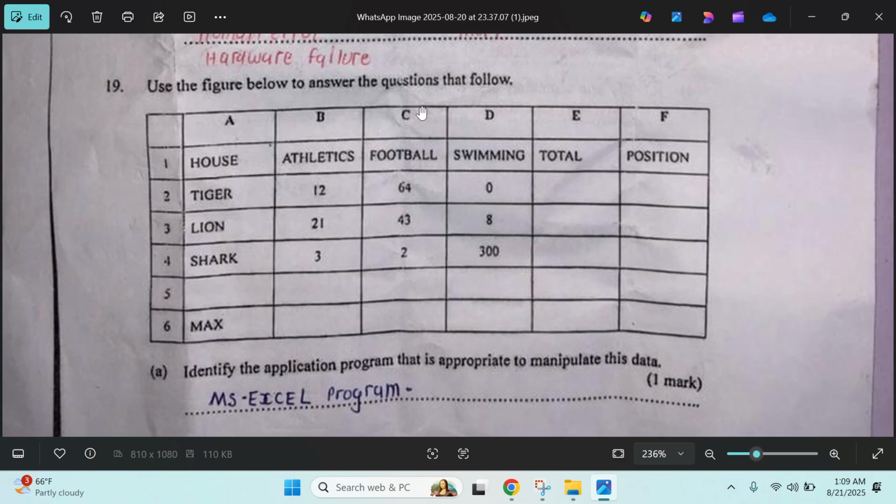The answer was Microsoft Excel because of the column letters on top and the row numbers on the sides. Excel was the answer there. It was not database because a database does not have those numbers and letters on top.